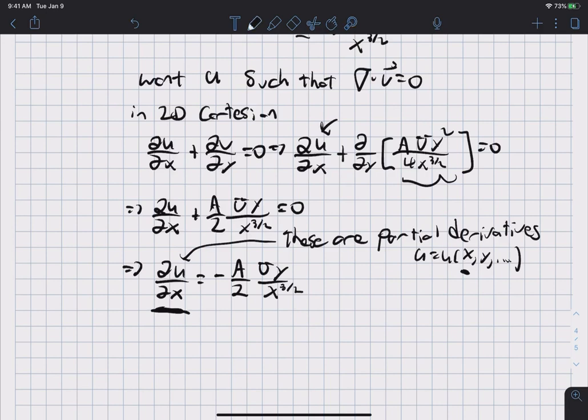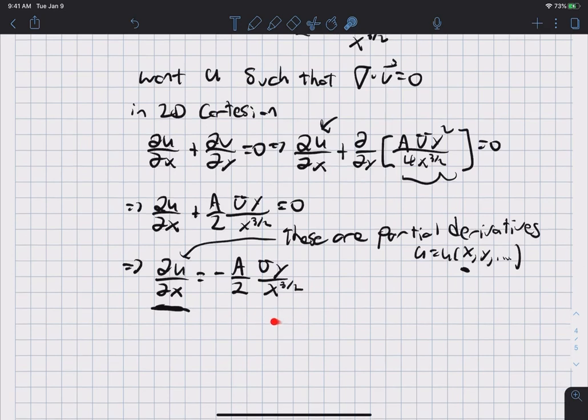So when we actually integrate this, because we are only integrating for x but not y, our integration constant can be a function of y.